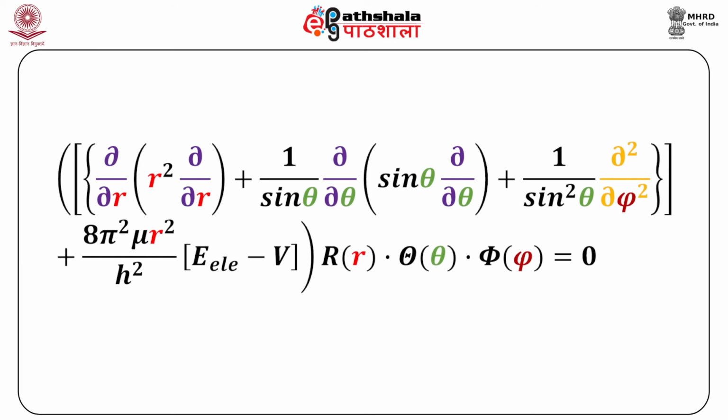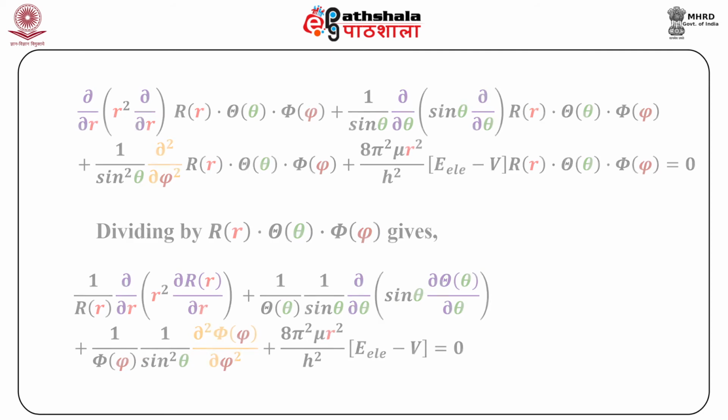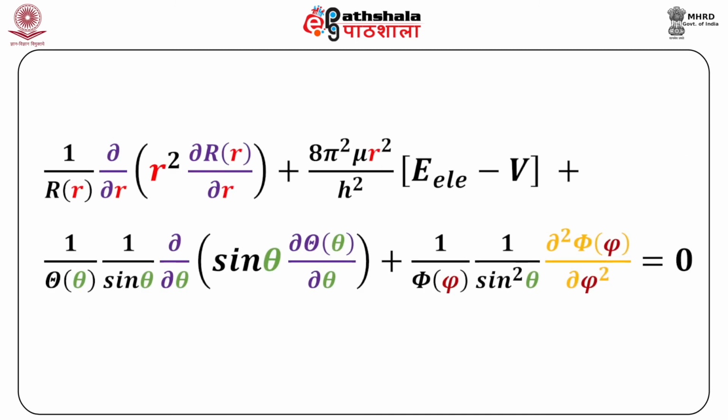If we make this substitution in this equation, we get it further simplified, and further simplification leads us to split this equation in polar coordinates into 3 parts.